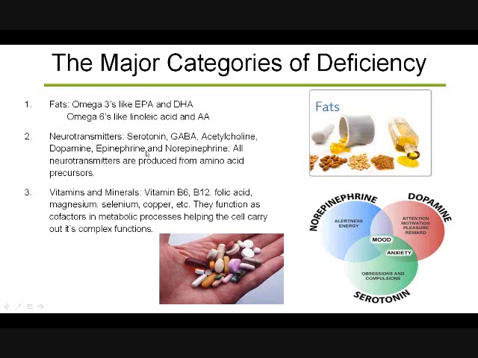The second is neurotransmitters like serotonin, GABA, acetylcholine for memory, dopamine for mood, epinephrine for energy, norepinephrine for focus. ADD is a deficiency of norepinephrine and dopamine. Remember, all the neurotransmitters are made from amino acids, which are the building blocks of proteins.